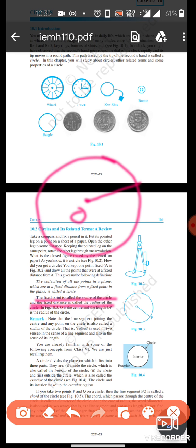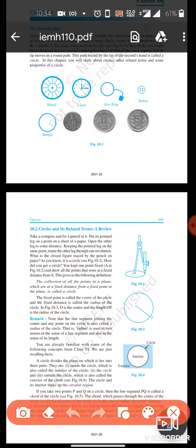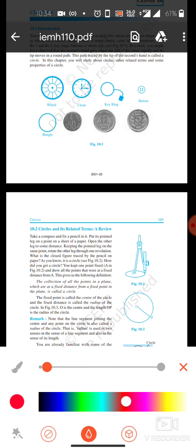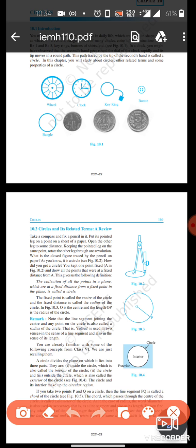Then, if you make a circle on a plane, suppose this screen is your plane and I am making a circle on it. This circle divides my plane into three parts. What are the three parts?